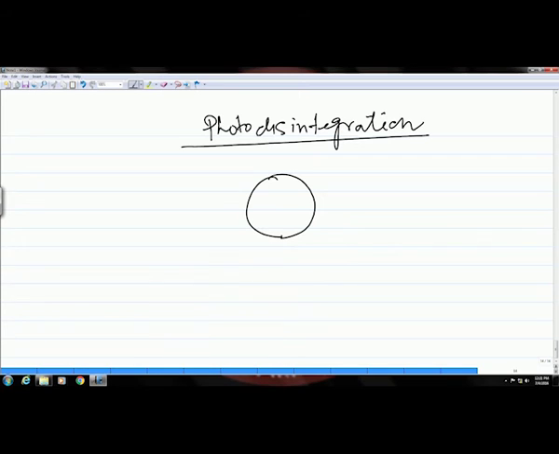Okay? So, in this case, what happens if you have higher energy? As I said, the X-rays can penetrate through the electrons and go all the way to the nucleus, and from there it can eject a particle from the nucleus.